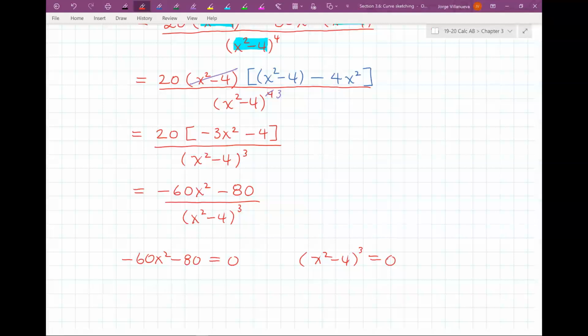So let's do this problem here. So go ahead and solve the first one and the second one. I'll give you guys a little bit of time to do that.